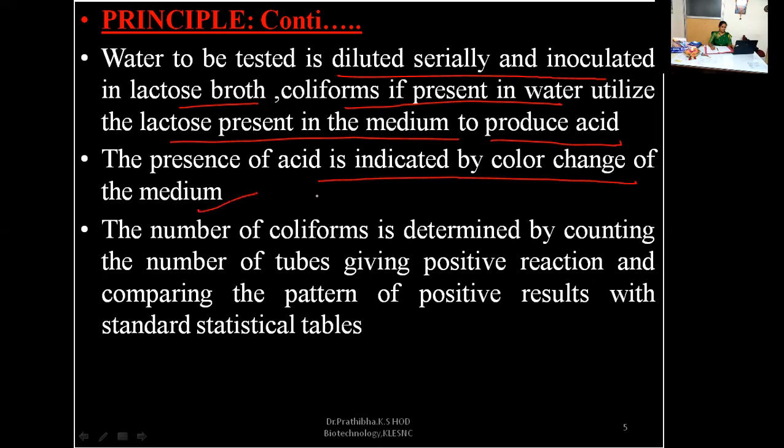Gas production is seen as bubbles which are stored in the Durham's tube. The number of coliforms is determined by counting the number of tubes giving a positive reaction and comparing the pattern of positive results with standard statistical tables, which gives us the most probable number method, telling whether the water is safe to drink or not.